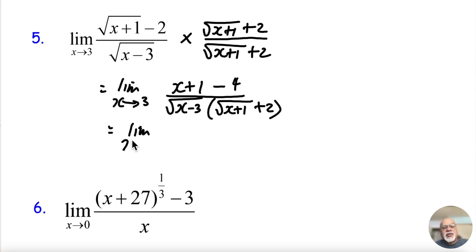The top turns into x minus 3 all over the root of x minus 3 times this conjugate value that we wrote earlier.